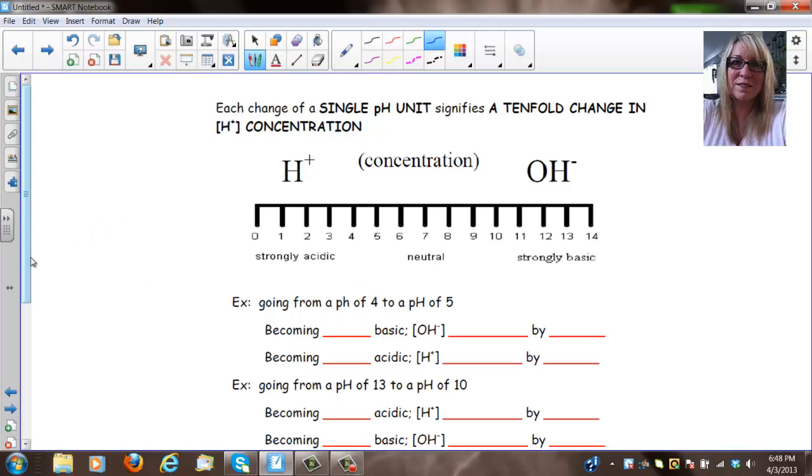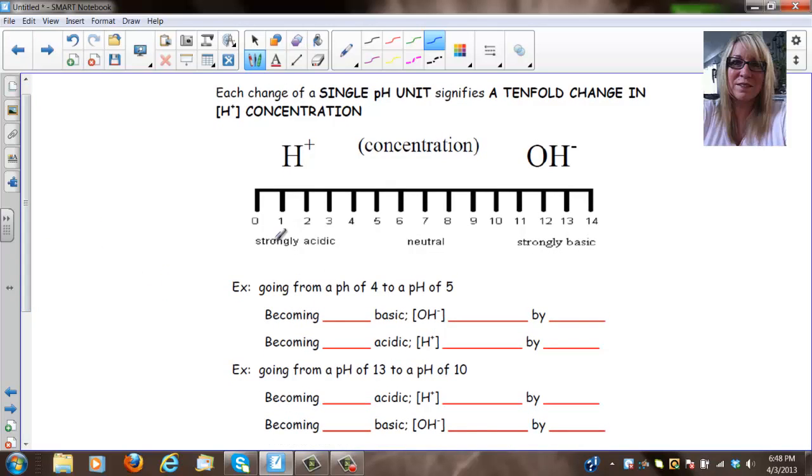Let's talk about what happens when we're changing pH units. Each change of a single pH unit is a 10-fold change in hydrogen ion concentration. When I go from a pH of 2 to a pH of 1, that's a 10-fold increase in hydrogen ion concentration because I'm becoming stronger.